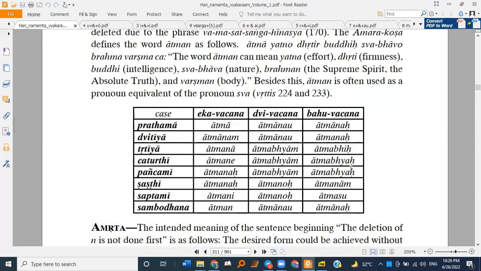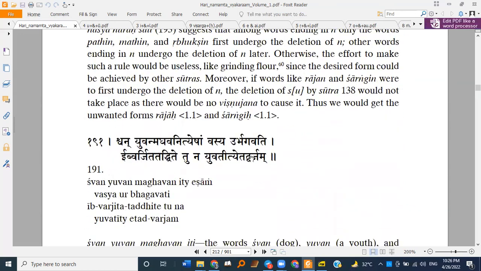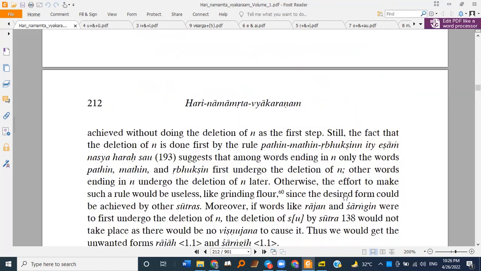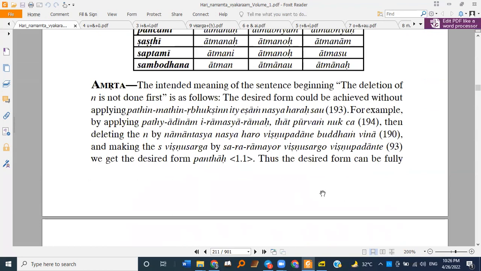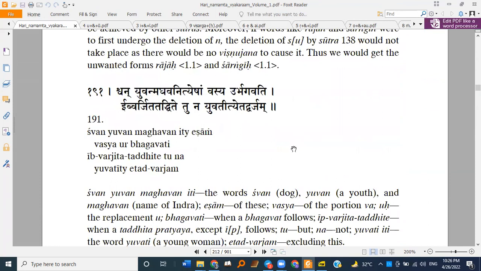The same thing with Shwan also. Shwan, Vama Satsanga Hina Syano. But then we'll also have that sutra for Shwan Yuvan Magavan, so this will make a little difference. How come it's different? Shwan Yuvan Magavan Ityesham Uddhava se Trivikrama. Va becomes U. Oh, they merged some 3-4 sutras, it looks like.